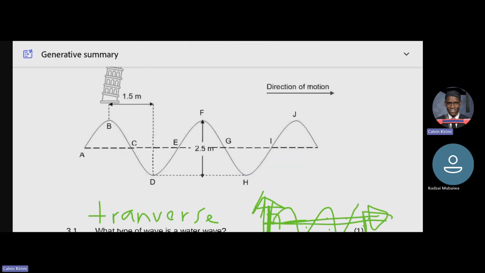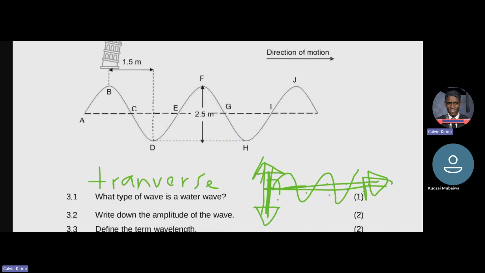What is the amplitude? 2.5 meters. That's the amplitude. Hello? Yes, sir. You said what is the amplitude? 2.5 meters. Yes, then you are wrong.